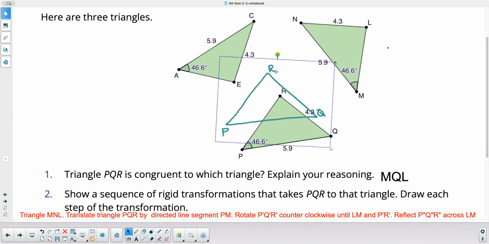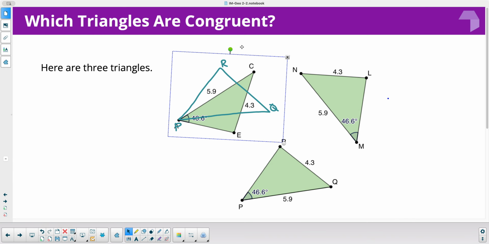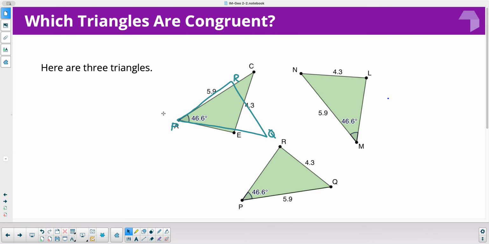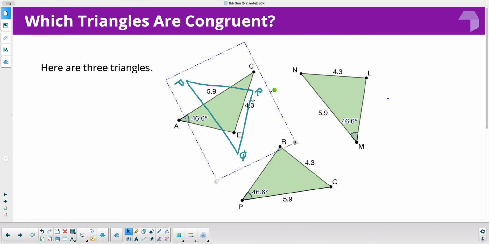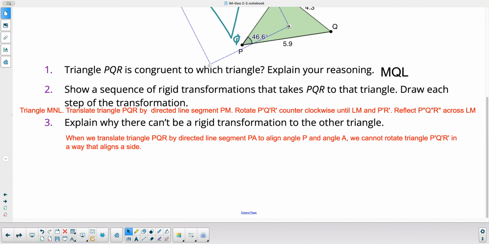When I align P and A and start trying to rotate this, centered at P, PQ is never going to match up. And even the other side, PR, if I keep it centered at A, you see how it's just way too long. You'll never be able to get a side to line up.